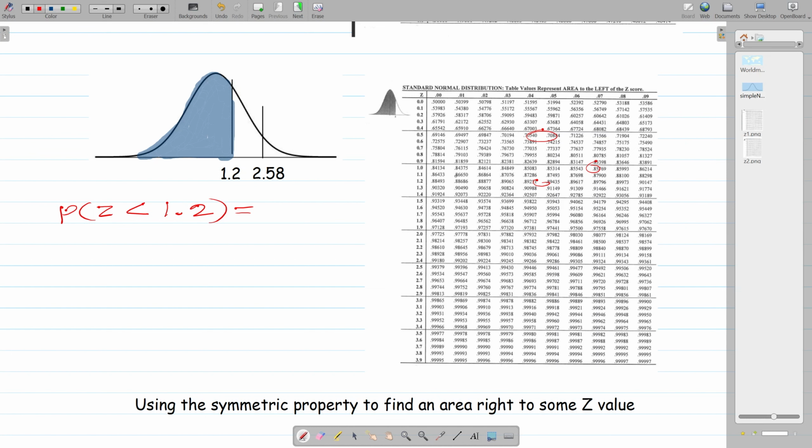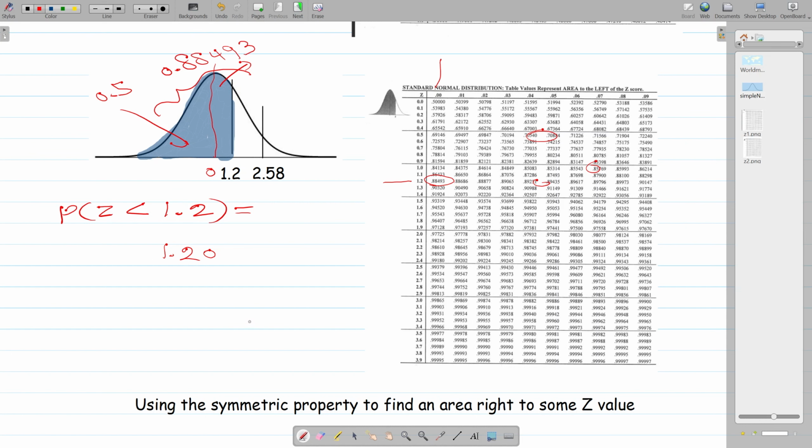Now 1.2, here it is. 1.2 means 1.20. So the first column, and this is the area. You know that from the left up to 0, this is 0.5 because of the symmetric property. And then it has some other amount to add. Totally that area is given by this one, 0.88493.